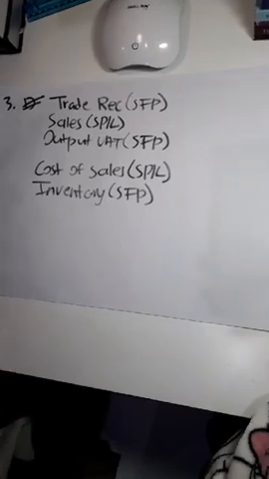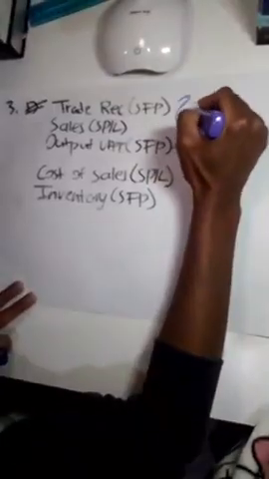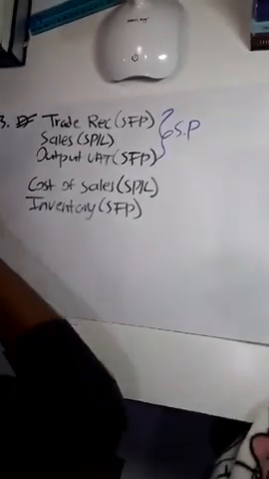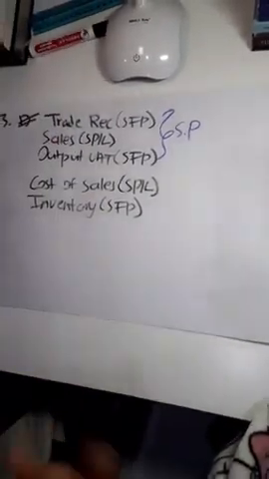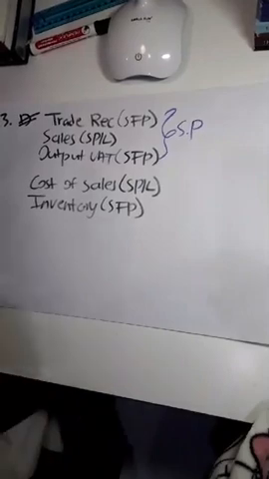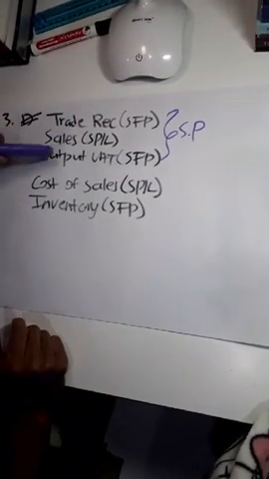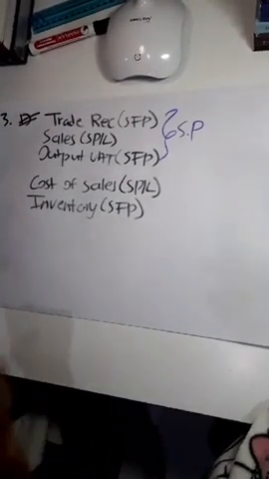Are we fine? Yes. So now look at this, guys. The first three lines here, you focus on the selling price. Now I'm teaching you something that your lecturer didn't teach you. Whatever is taught well can be done. 1, 2, 3: trade receivable, sales, and output VAT.